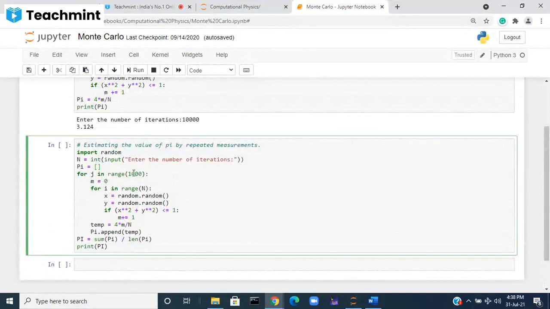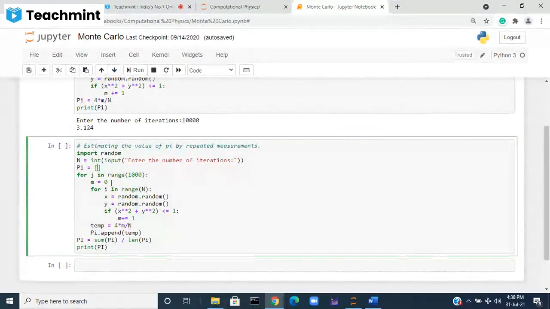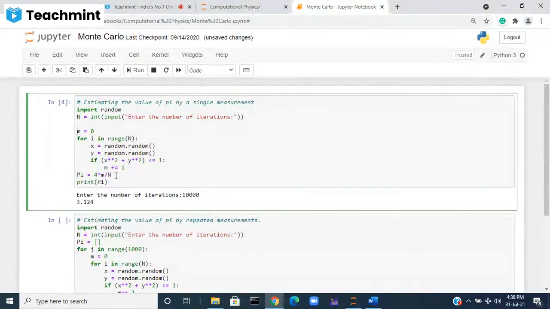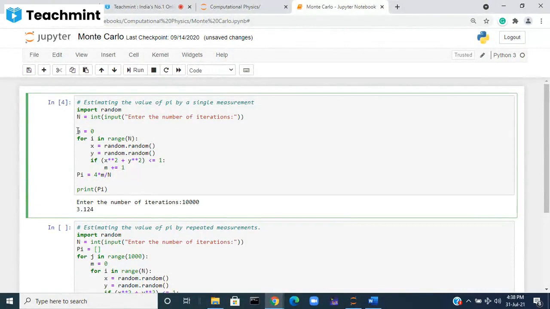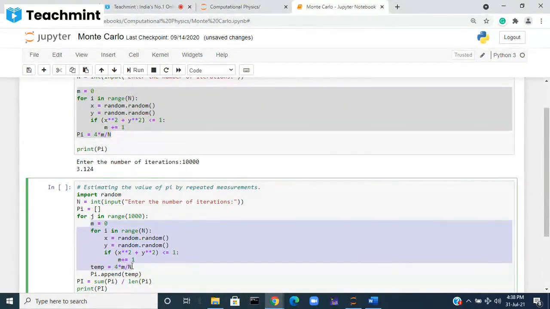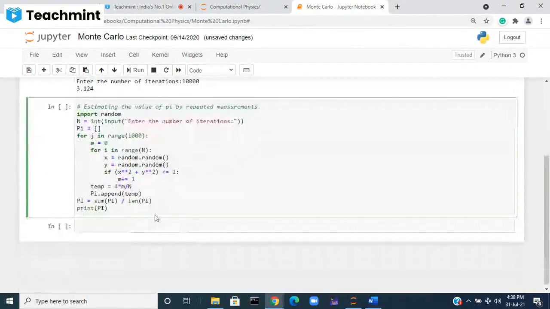Already, for j in range 1000, we initialize m equal to 0. From here we start the program. For i in range n, the number of iterations, we generate random number x and random number y, then check whether that point lies inside the circle.